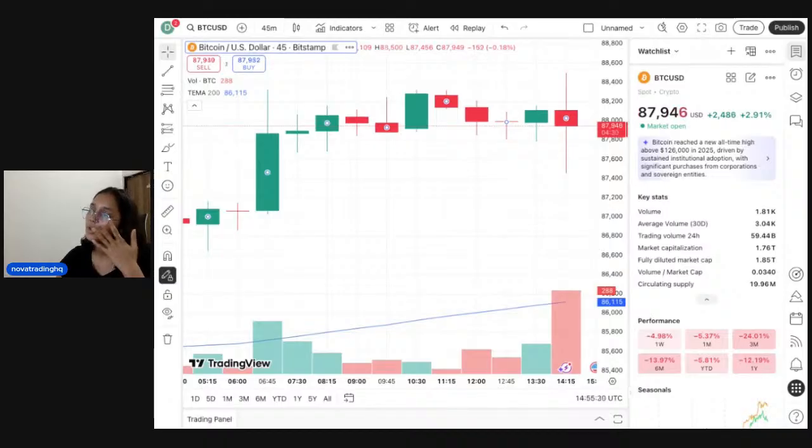If this were distribution, you would see long upper wicks, weak closes, and failure to make new highs. You will not see any of that yet. That's what the wicks are telling us.